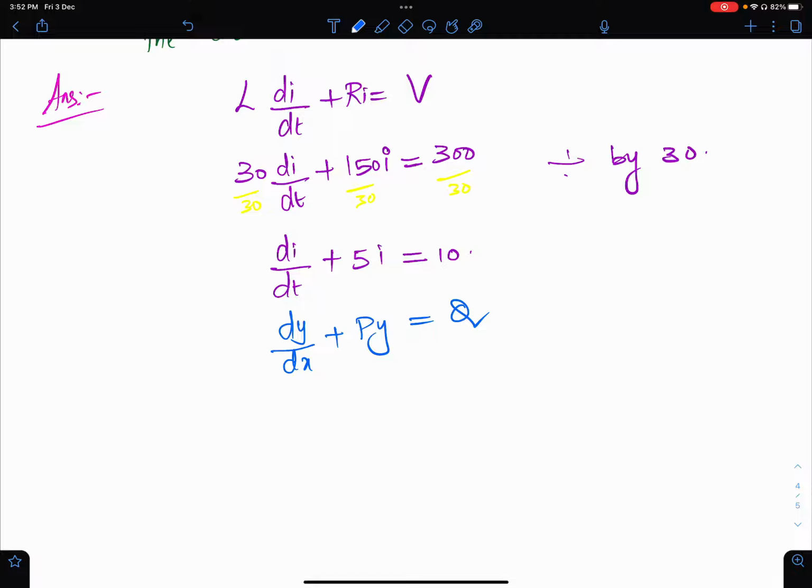In the place of y we have I, and in the place of x we have t. So we can solve it by the linear first order method. P is 5, and q is 10.